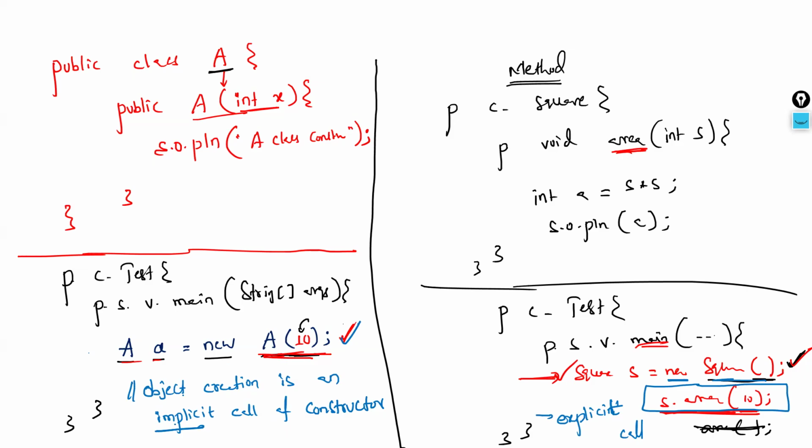Understood? So let me go with one more property, then we'll go for the execution of the same thing. What's the next property that I have used? Do you remember what a constructor is? Anybody, what is the constructor definition?